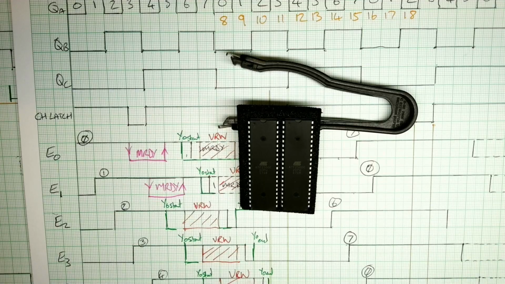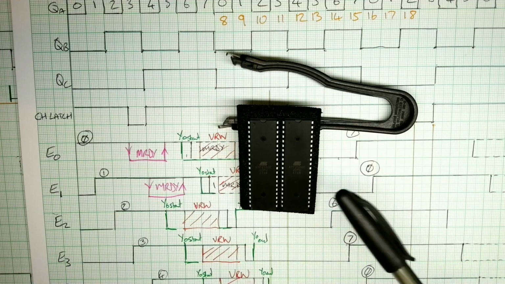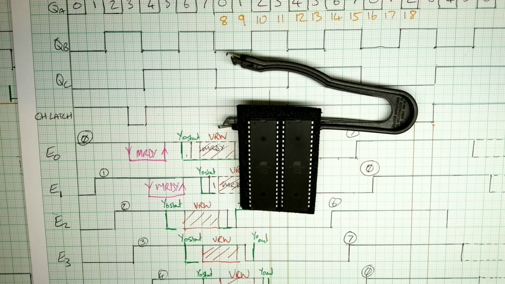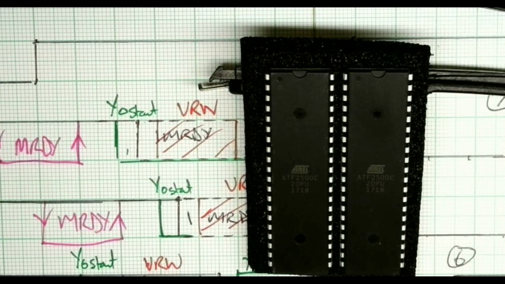So what I'm going to do is, I've got these Atmel ATF2500 PLD chips. So these are 40-pin chips with 48 flip-flops in them, so they're a lot more flexible than some of the other chips I've been using. And if we just have a look at this, I think you can see, yeah, they're the 20 nanosecond versions of them.